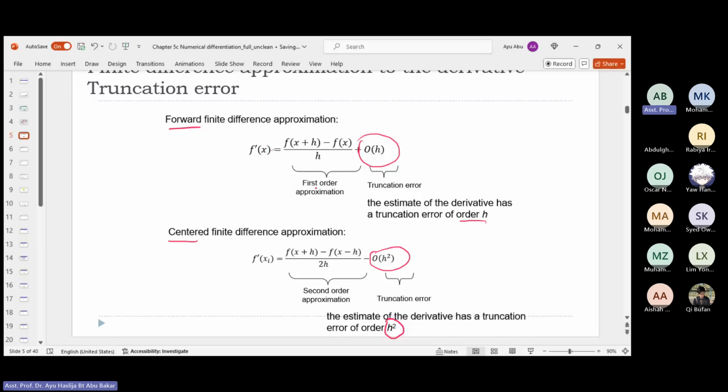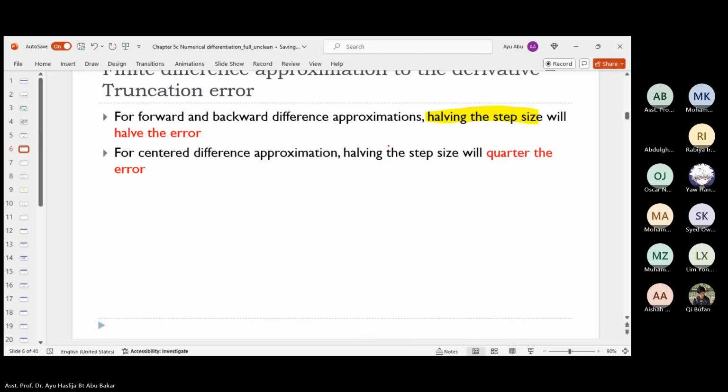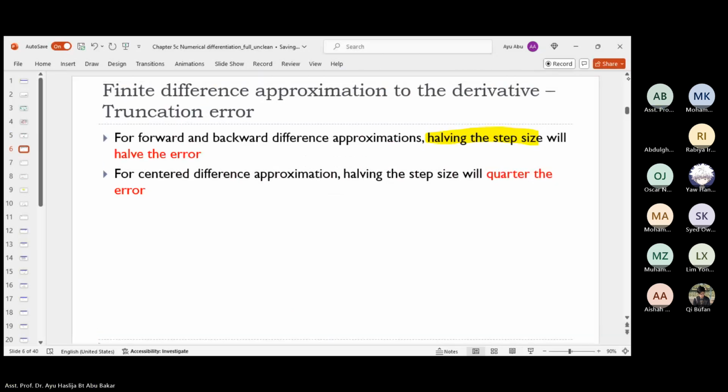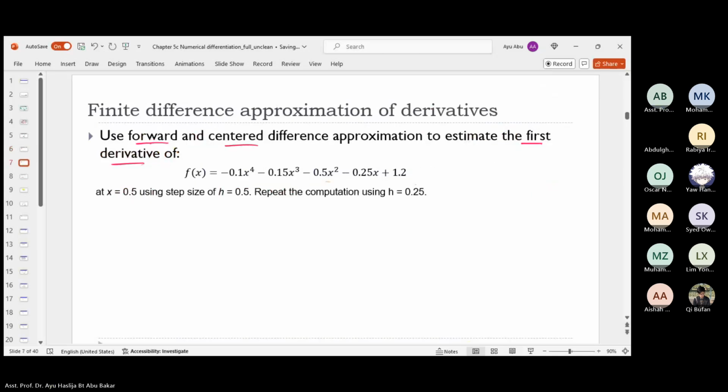First order approximation, second order approximation. Now just now from the figure, we can see that for forward and backward, halving the step size will halve the error. For centered, halving the step size will quarter the error. So this is the definition.